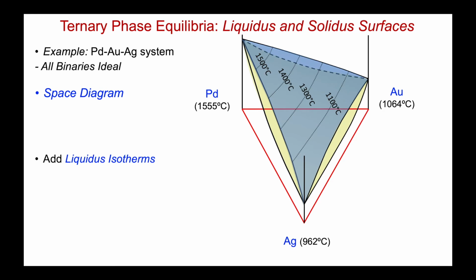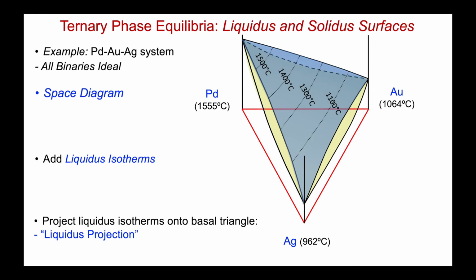Quite often, liquidus isotherms have been determined experimentally and then added to the diagram. So here I'm adding these isotherms, 1500 through 1100, and so anywhere along this isotherm, then when my overall composition cuts through that, crystallization would begin, for example in this case, at 1500 C.